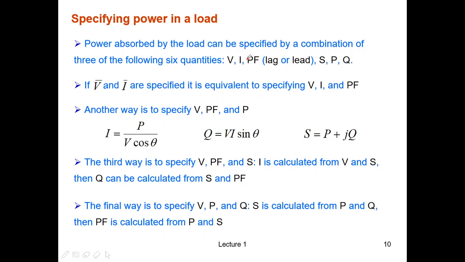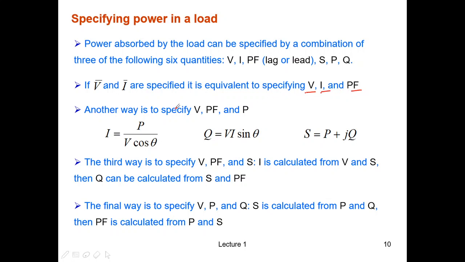So to specify one load, we only need 3 out of those 6 quantities. In the first case, if we are given a voltage phasor and a current phasor, that is equivalent to giving the RMS voltage, RMS current, and power factor. So that's 3.